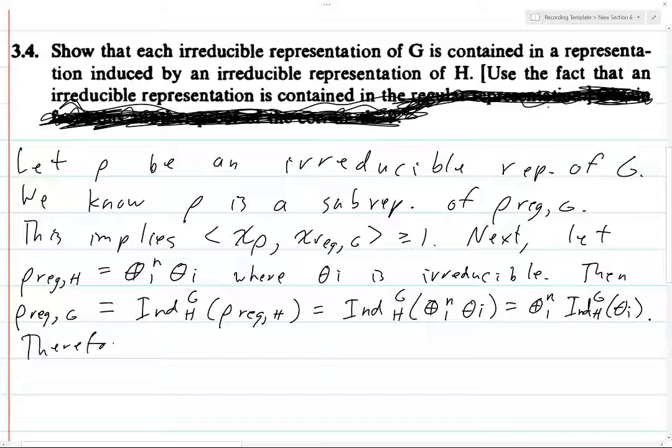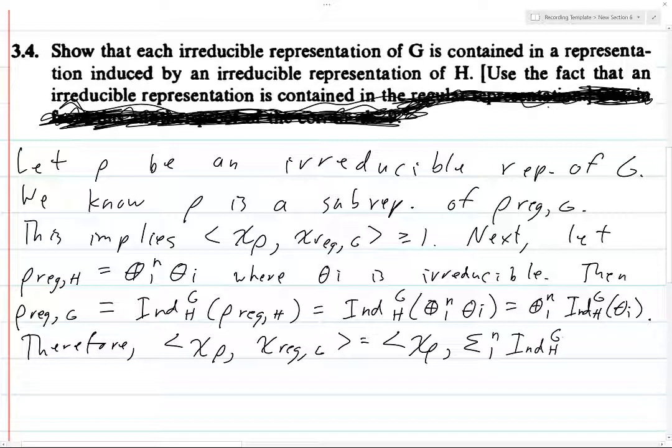Therefore, chi rho reg G is just chi rho, and then the sum from 1 to n of the induced from H to G of chi theta I, because this is just the character of the induced, because you write the regular representation like this direct sum, and then when you take the character of that, you just get the sum of these things.